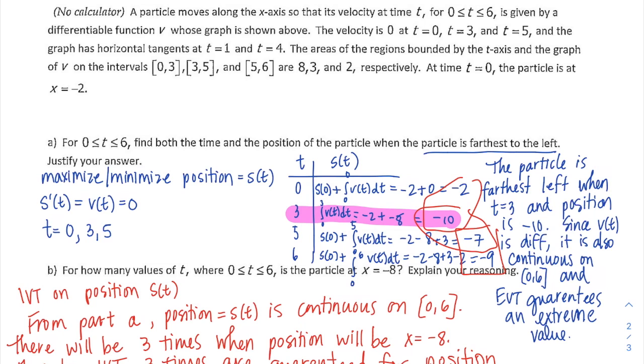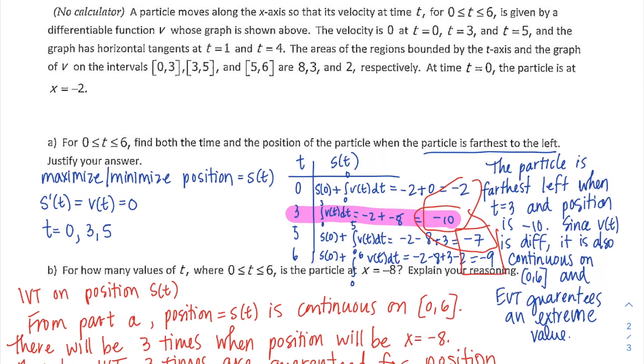Within the intervals 0 to 3, 3 to 5, and 5 to 6.